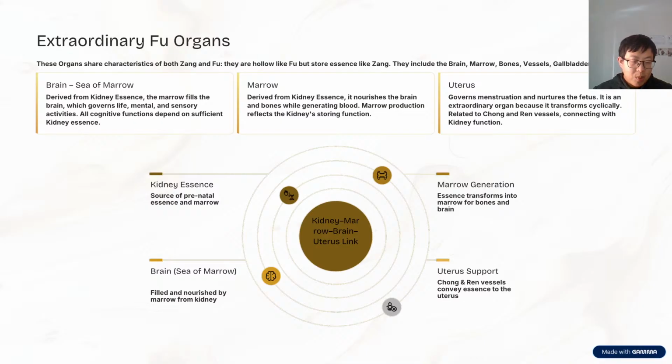So let's talk about the bone marrow. In Chinese medicine, we believe the bone marrow is from the kidney essence. It can nourish the brain and the bones and produce blood.